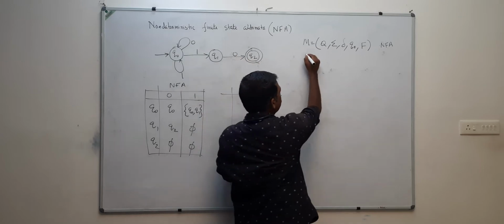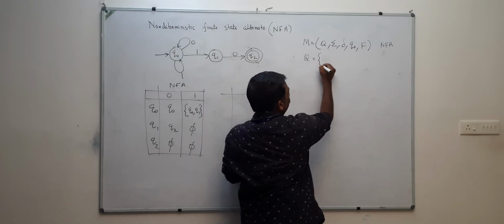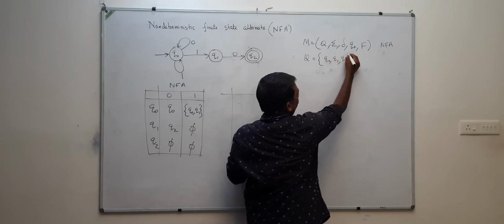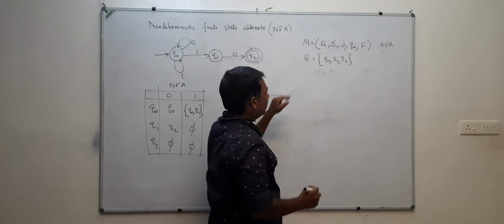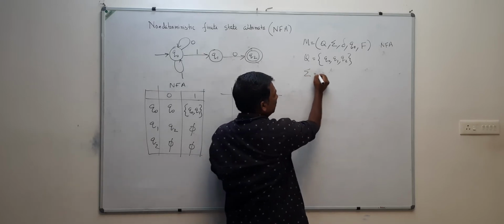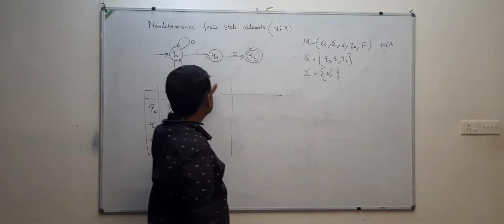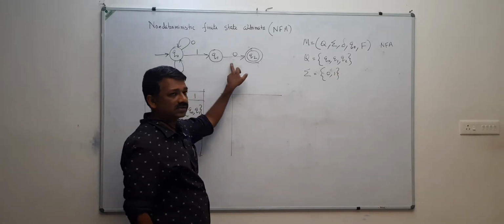Q is equal to {Q0, Q1, Q2}. What is sigma? Sigma is {0, 1}, that is the input alphabet. Here in this case, you have only zeros and ones.